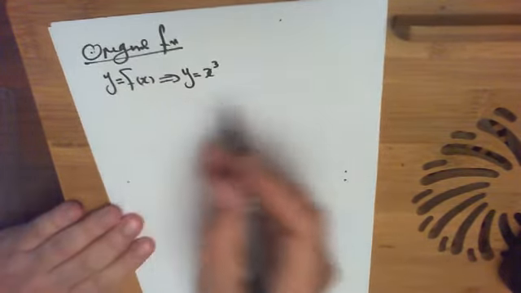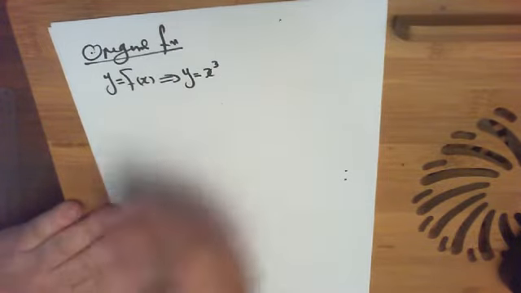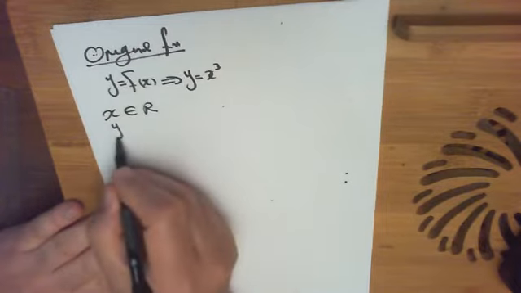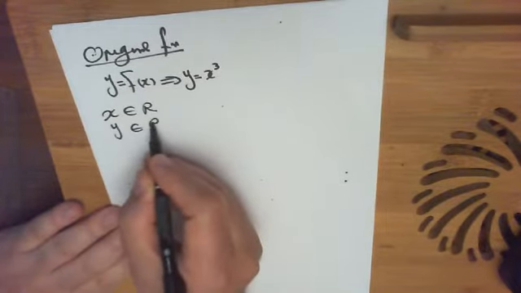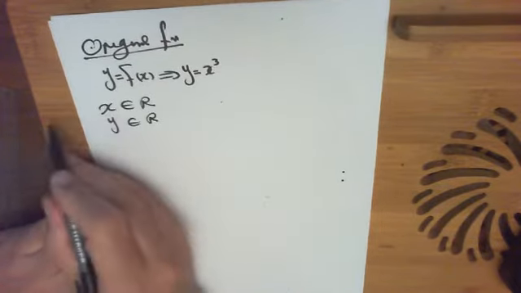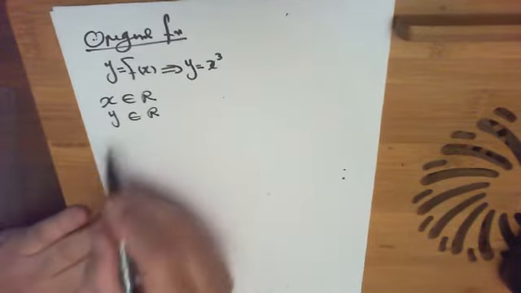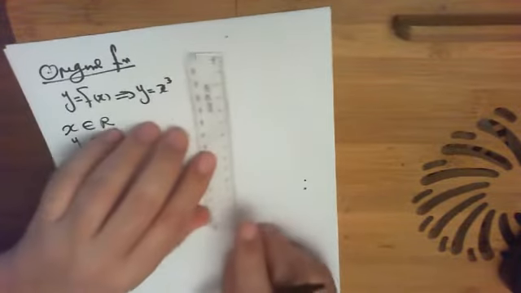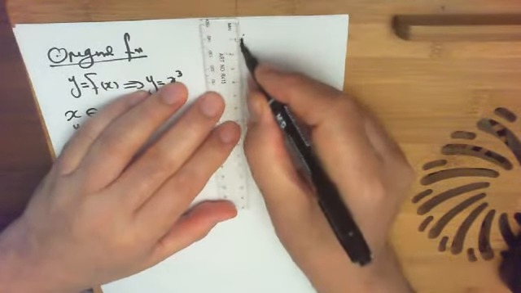As you see, x belongs to R and y also belongs to R. The domain is all the real values, and y all the real values, and the graph will be something like this.